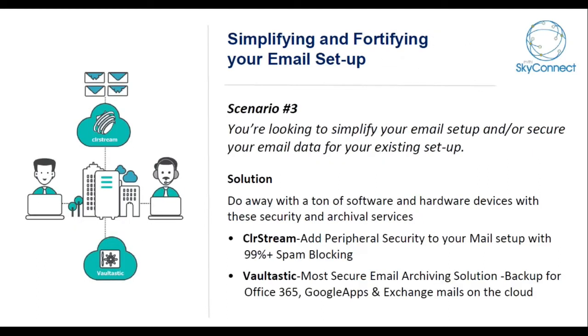The third thing is that if you already have an email solution and you need to fortify it, you can use applications like ClearStream for your periphery security, and also you could use Vaultastic as a vault, a place where you can store and keep your mail data very safely, and then you can do e-discovery and whatever analysis that you want to do. So if you have an existing mailing solution and you want to improve that, that is also possible.